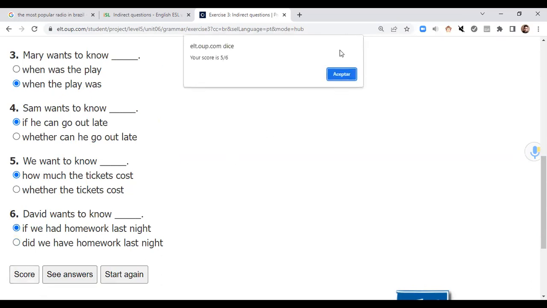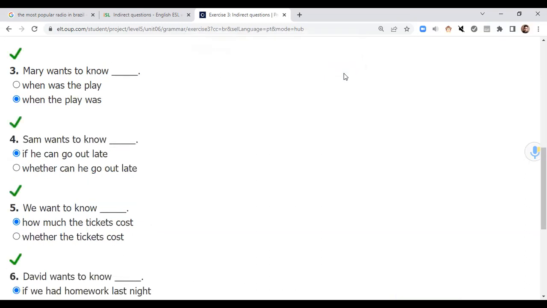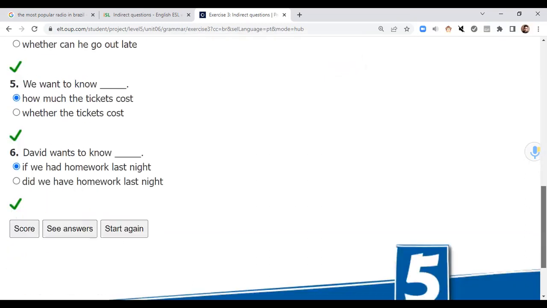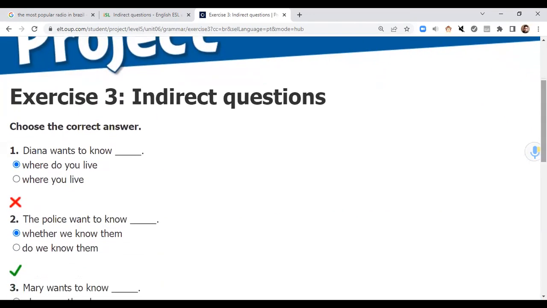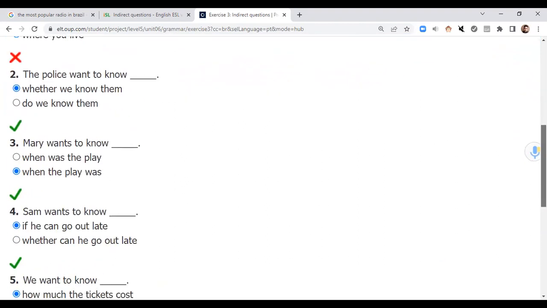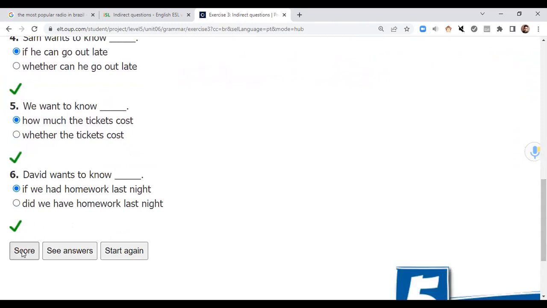Okay, let's check. In this case, it must be this one, right? Okay, let's continue with the other one that I have.